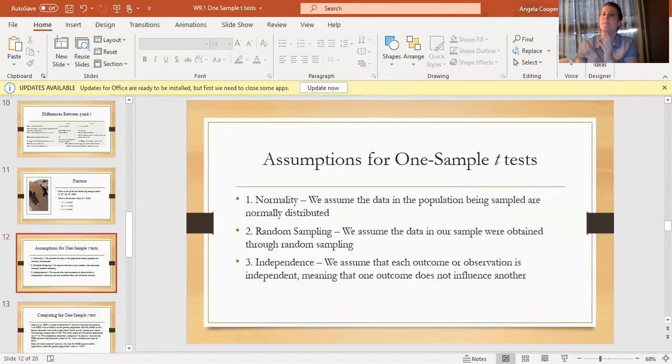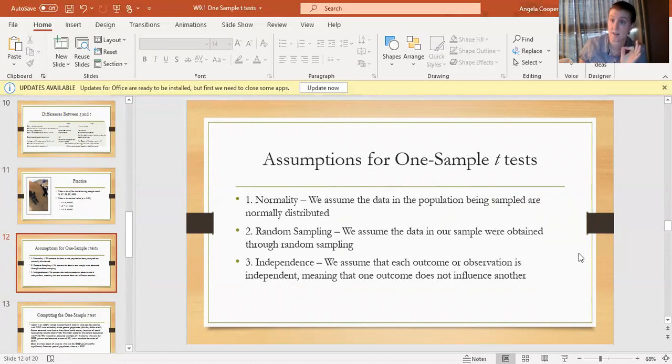Okay, so some assumptions for one sample t-tests. First, normality. We assume that the data in the population being sampled, so again, we have the sample standard deviation, sample size, and sample mean, we assume that the population of that sample is normally distributed. We also assume that the data in our sample were obtained through random sampling.